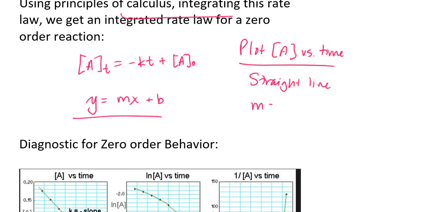And that straight line is going to have a slope that is -1 times the rate constant. And I'm going to have a y-intercept that is equal to the initial concentration of the reactant.